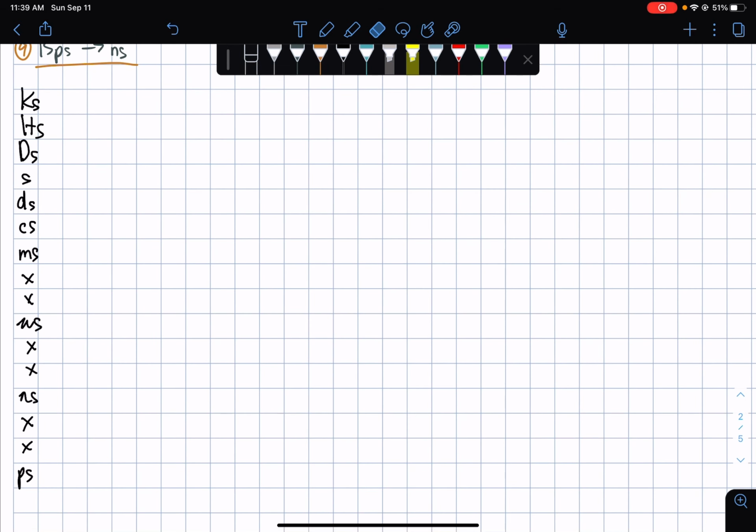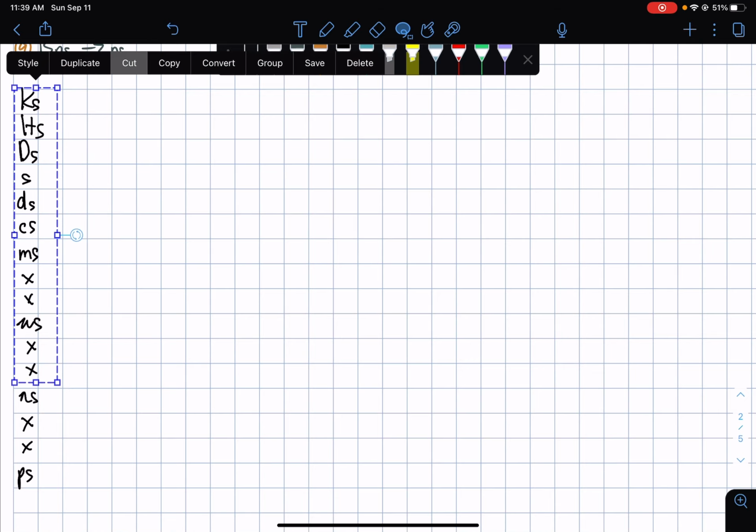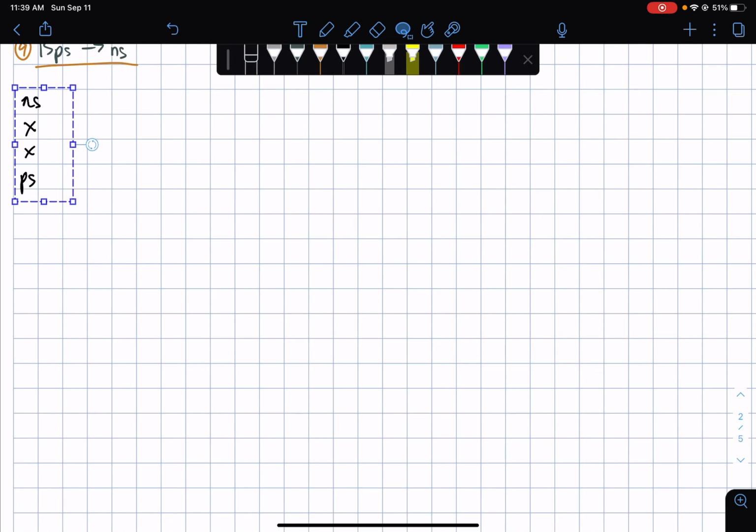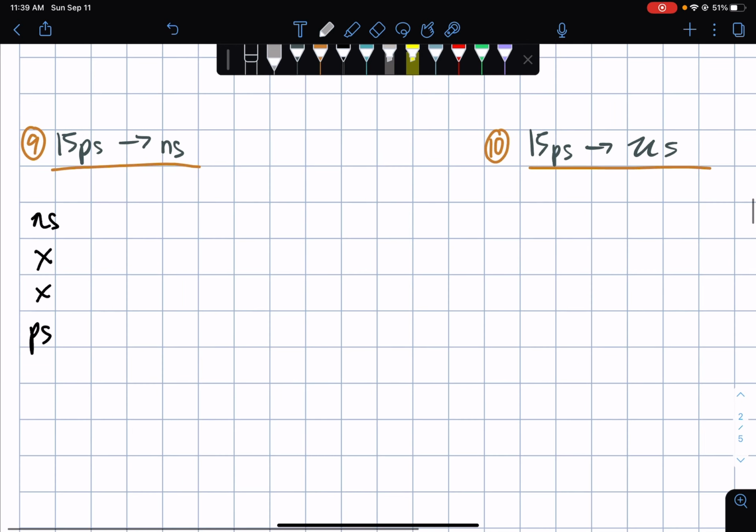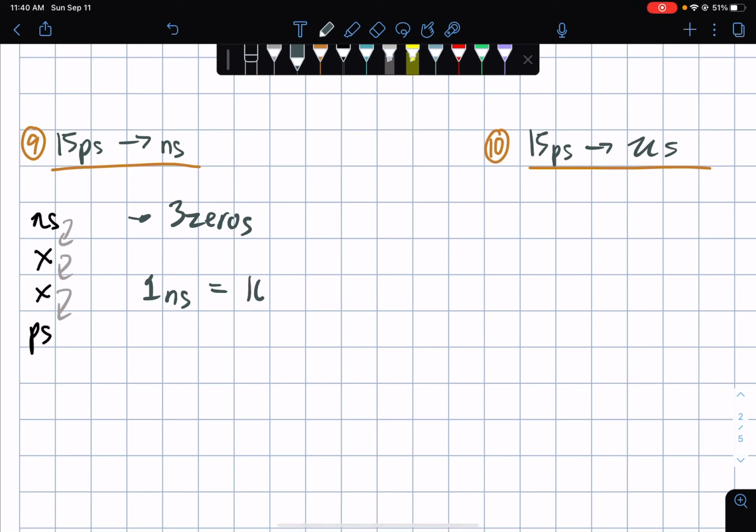But we wouldn't need the rest here. We only need nanoseconds to picoseconds. So how many zeros are they far from each other? 1, 2, 3, or just 3 zeros. So 1 ns, this is the higher value, is equal to how many ps? 1000 picoseconds.